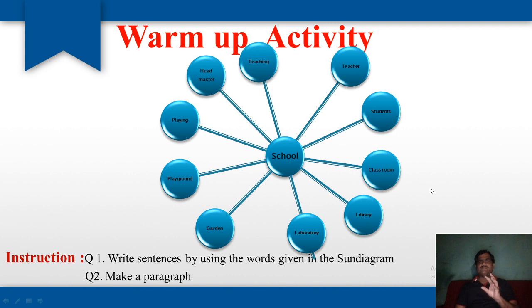That school has been displayed in the sun diagram and its elements are also displayed around it. Now, my dear students, you make sentences by using the elements of the school and also make a good paragraph at your level. Take some time and do this activity. I know you can do it. Proceed to the next.